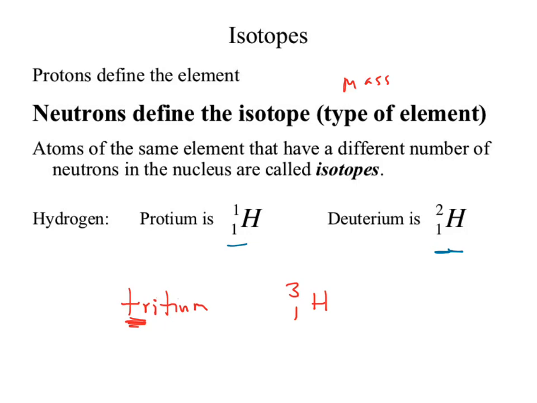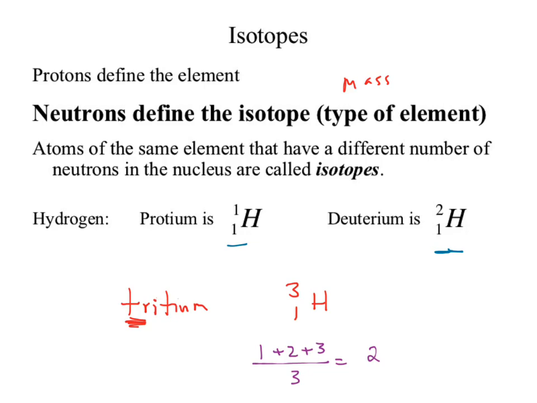What's the mass of protium? 1. What's the mass of deuterium? 2. Mass of tritium? 3. If I was going to do an average, I would then divide by 3. My average says that the atomic weight should be 2, not 1.01. This calculation assumes I have an exactly equal amount of each of those isotopes.